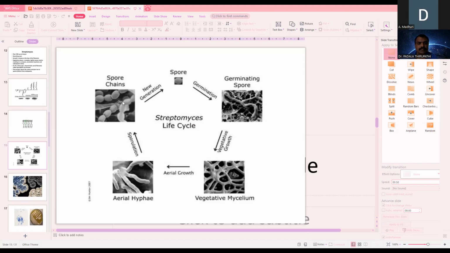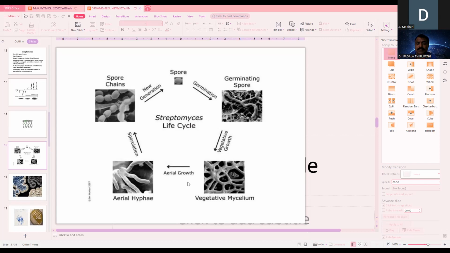Here it is a cycle of growth of Streptomyces. First, we start with spores. Spores will germinate, and after germination they form the vegetative mycelium. After that come the aerial hyphae.